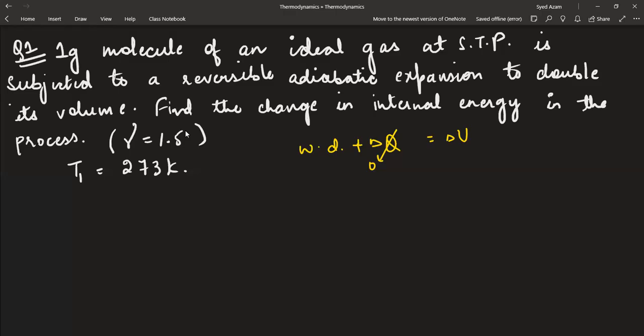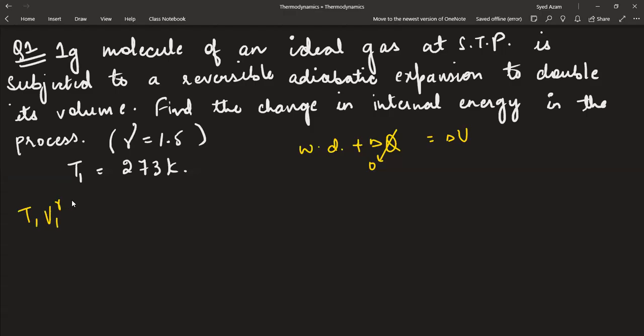We don't have any information about them. But at least we have one temperature, so we can calculate the next temperature. T1 is there, T2 is missing, but the volume relation is also there. So let's proceed with the temperature.